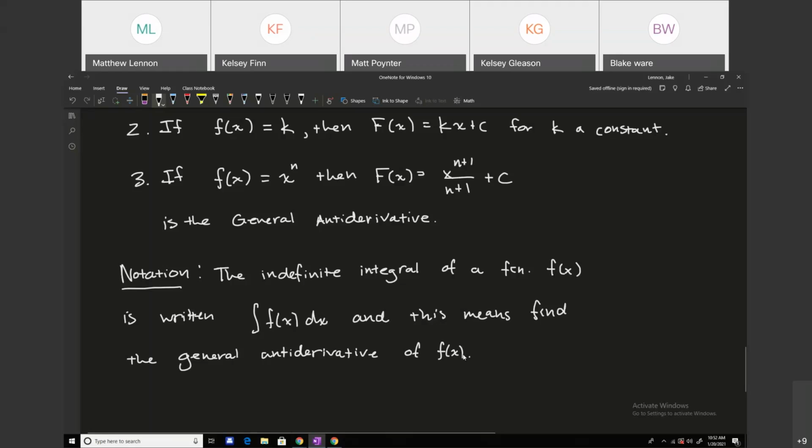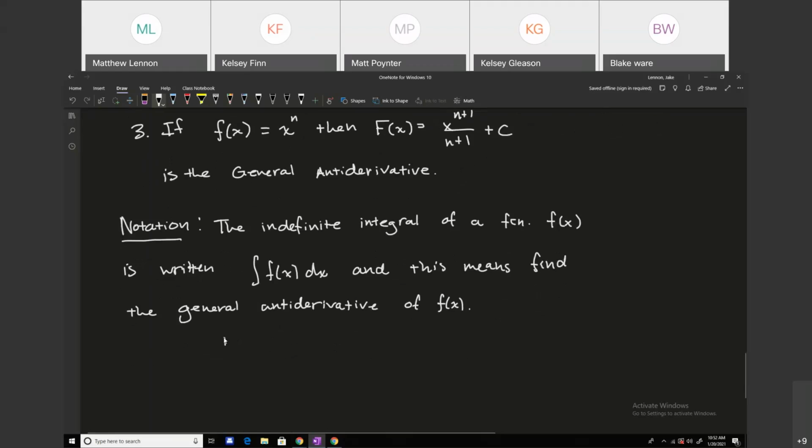For example, one way we could have written the very first example we did is the integral of x squared dx, and that would just be 1/3 x cubed plus c. So now we don't have all those words. It's a way to compact the instruction set. A lot of mathematical notation is just used to make things more efficient when writing.